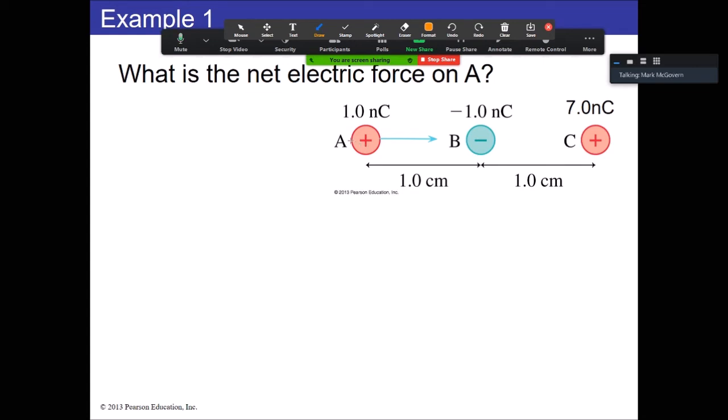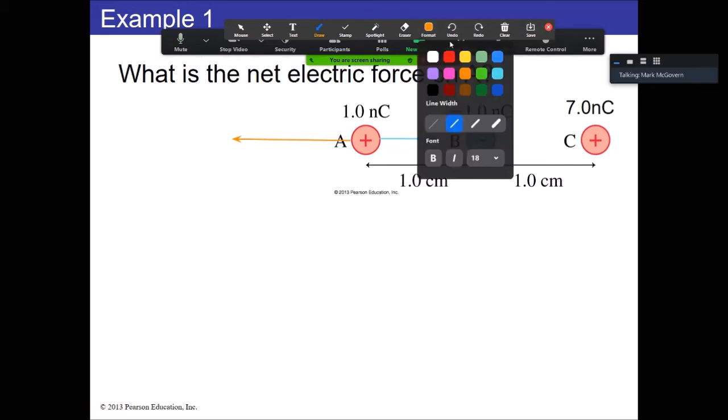So ultimately, if I'm going to draw this vector out, and I don't know exactly how much bigger I have to make it, I'm going to work out the math right here soon, but the repulsive force from charge C will be larger. Yes, it's farther away, but it has proportionally more charge on it. And so the net force will be to the left. But let's look at the math behind it, okay?